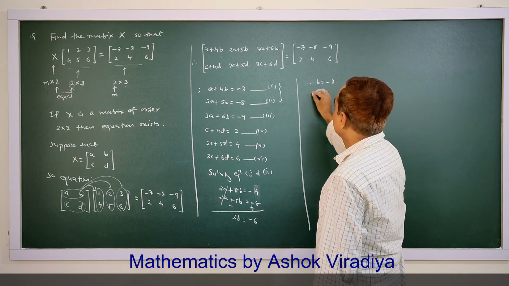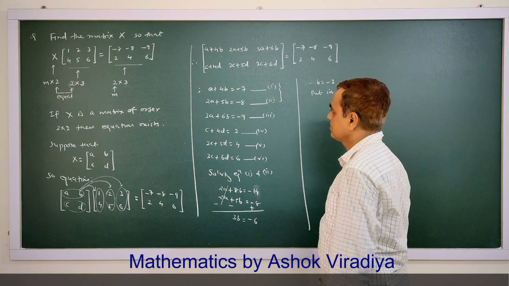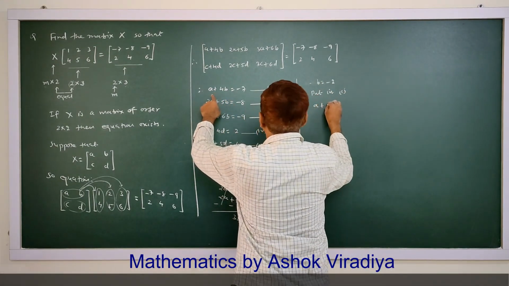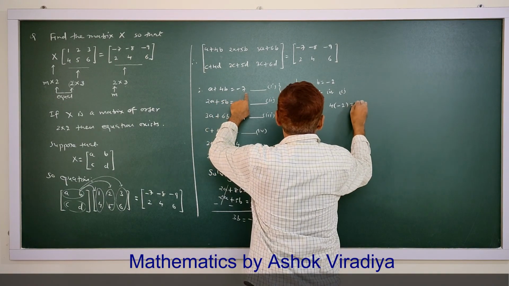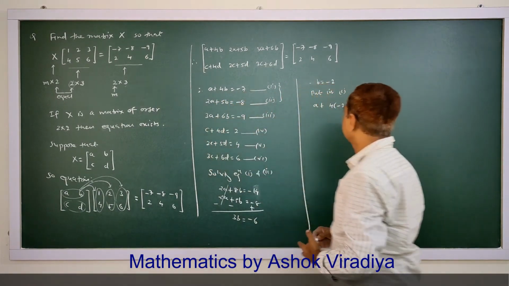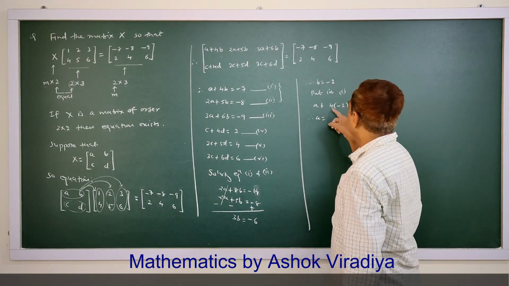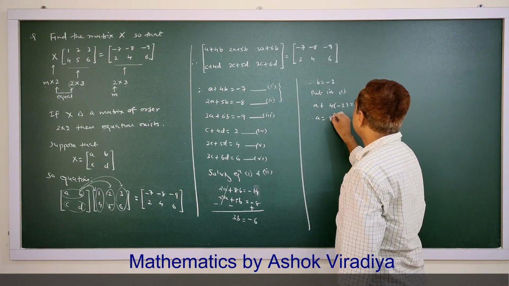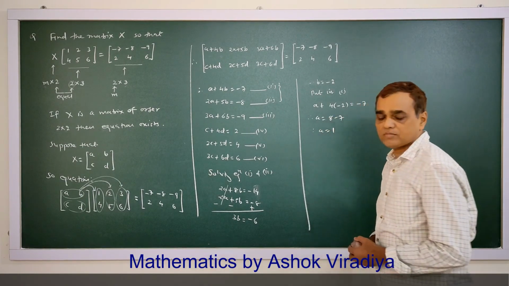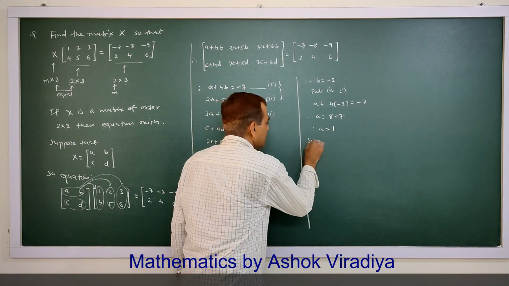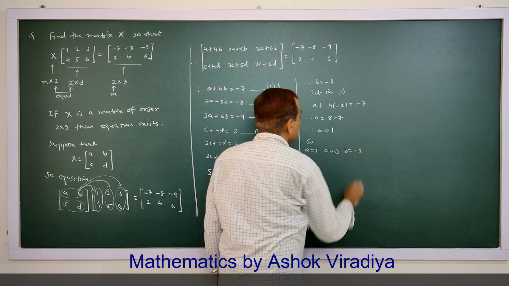Putting the value of B in equation 1, A plus 4 into minus 2 is equal to minus 7. So A is equal to minus 7 plus 8. So A is 1. So A equal to 1 and B equal to minus 2.